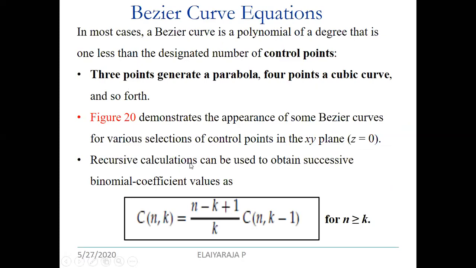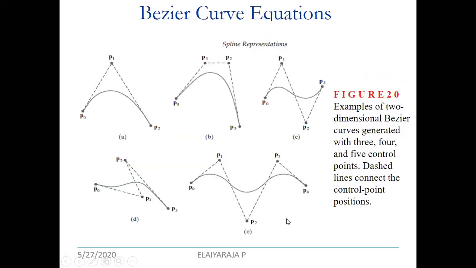Here the recursive calculation can be used to obtain successive binomial coefficient values, where C(n,k) equals C(n,k-1) times (n-k+1) divided by k. Suppose I want to calculate the individual pixel coordinates with respect to x as well as y.